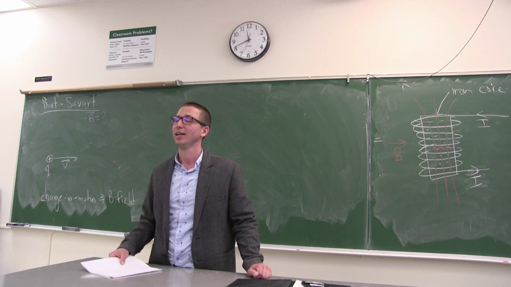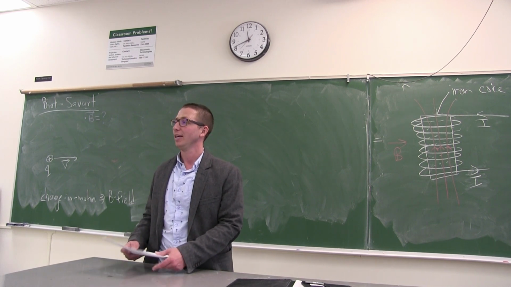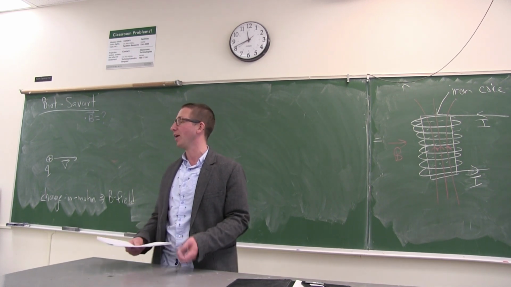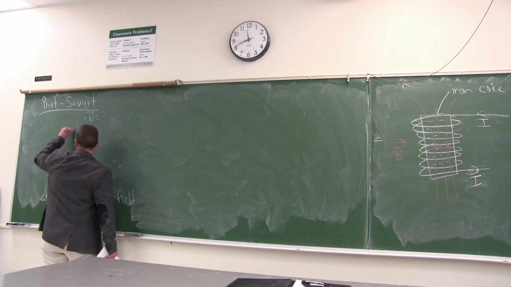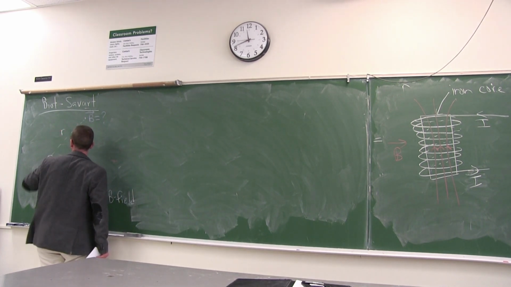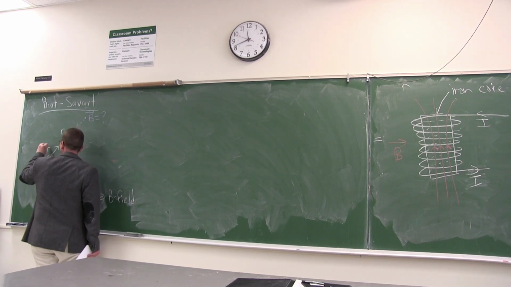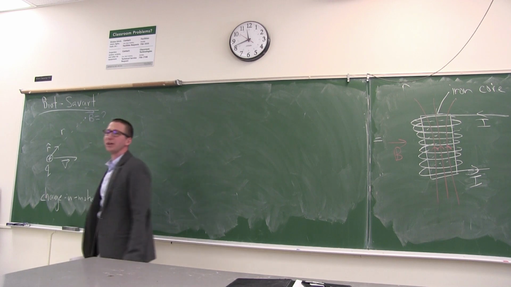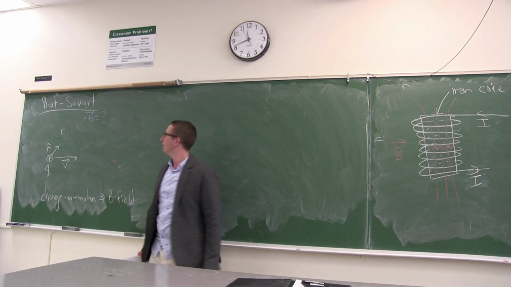That kind of makes sense. If I was infinitely far away from moving charge, I'd expect there to be no field. If I was really close, I'd expect it to be really large. So it's going to depend on this distance r. And I can label a small vector here, which I'll call r hat. R hat is that unit vector which points from the charge to the point that I'm interested in.